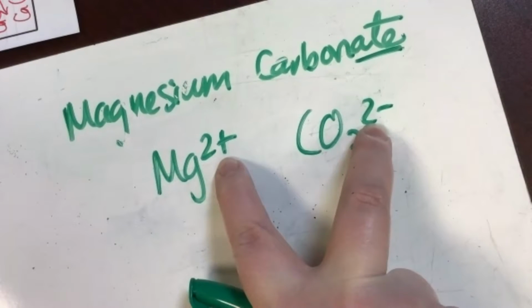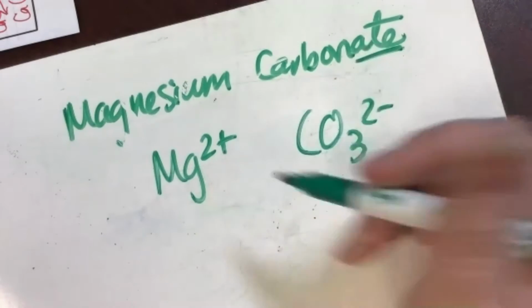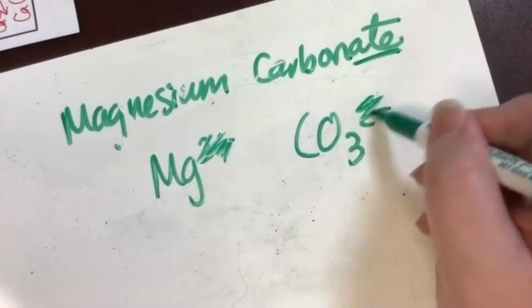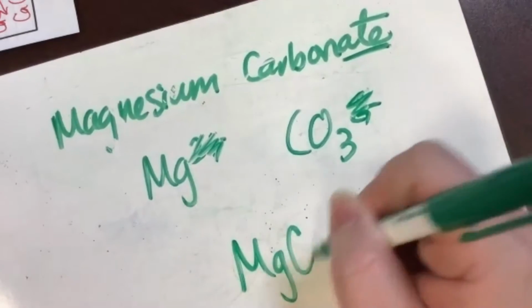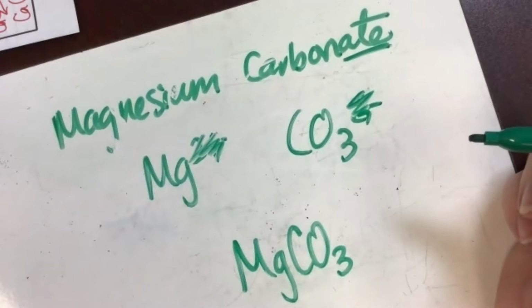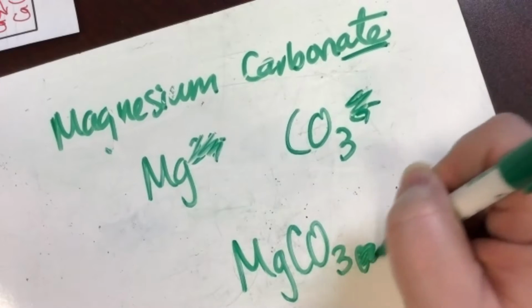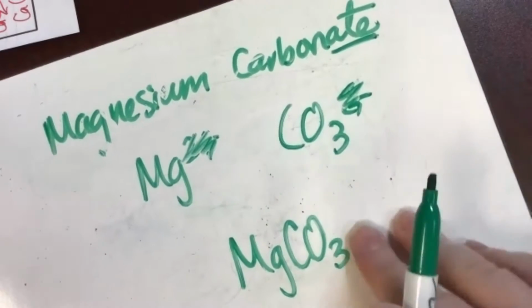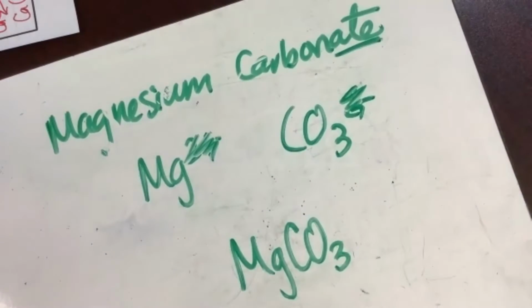They disappear, okay? That's what that means. So these are gone. So it's just Mg CO3. Now, I don't need parentheses because I don't have a charge even going over here. So I don't need parentheses. I don't need that. So I didn't put parentheses. So the answer is just MgCO3.